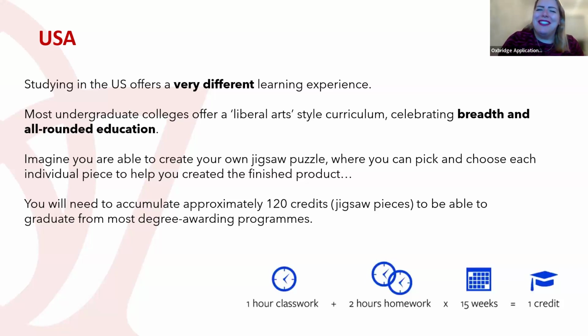So quite different to the specific focus that we've been talking about this evening in other places. But the beauty of studying in the US is the flexibility that it can also give you.